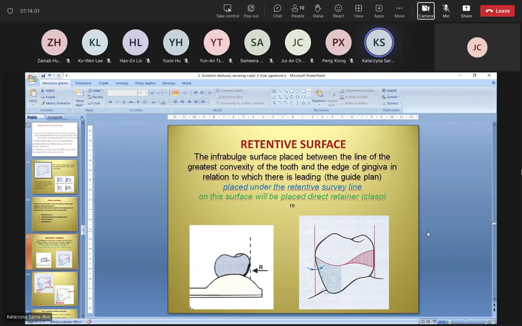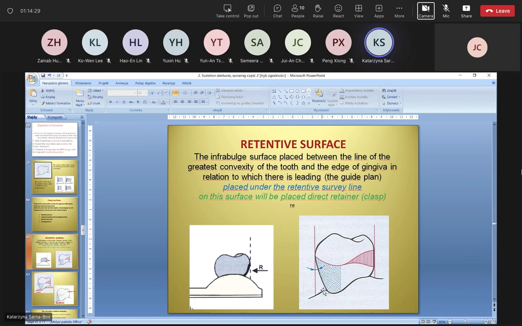So once again, we can call the surface a retentive surface when we find an undercut and find the surface between the greatest convexity and gingiva, in relation to which there is a leading guide plane.